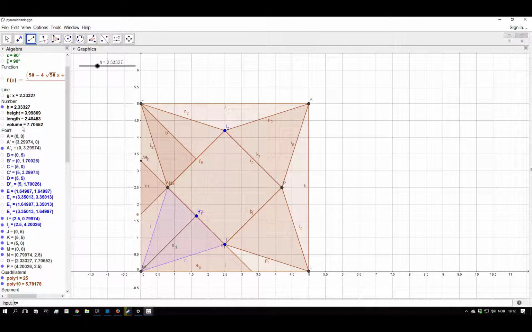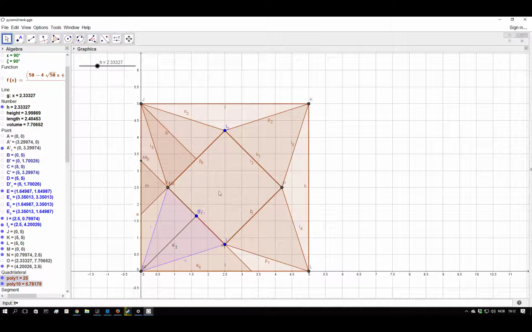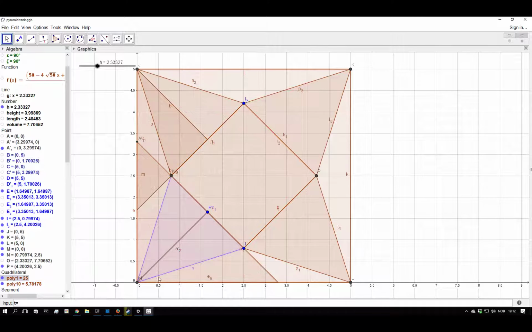That's the volume, right? Length. Let's see, the length is the square root of 50 minus 2 of the slant heights, which I have denoted by h here, because you will always have these two triangles here. Or if you just look at the 1/4 view, you have this one here, and the maximum distance there in the 1/4 view would be here from the middle.